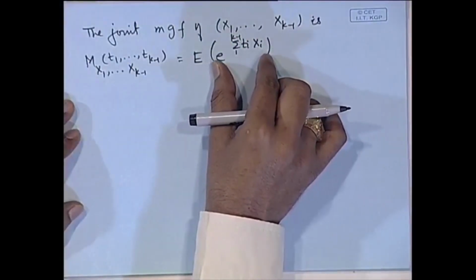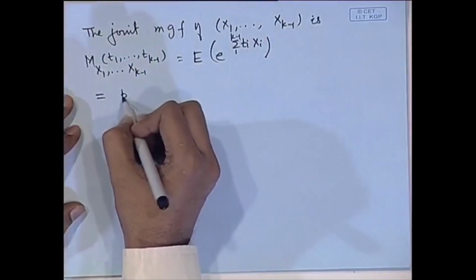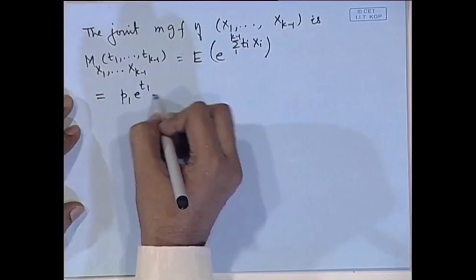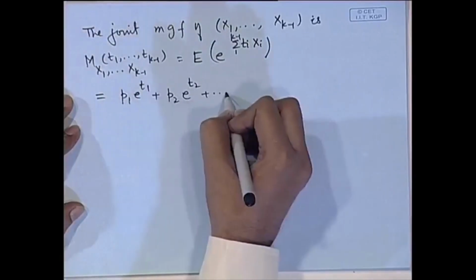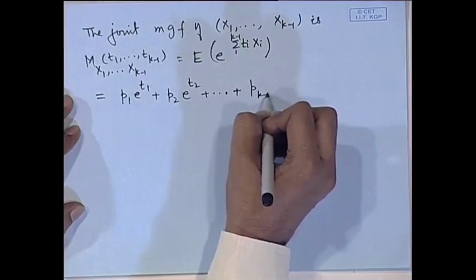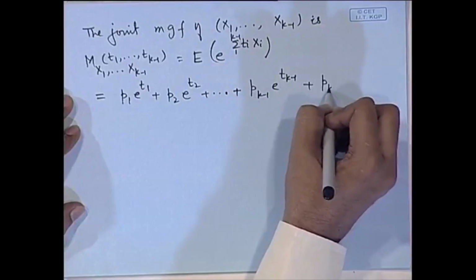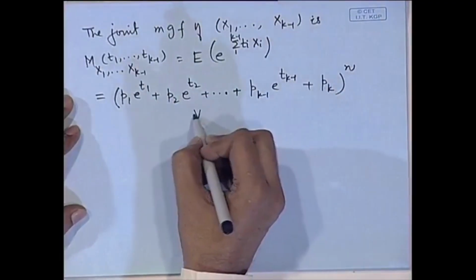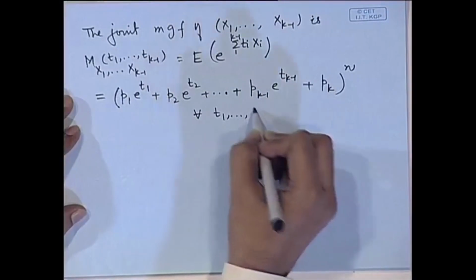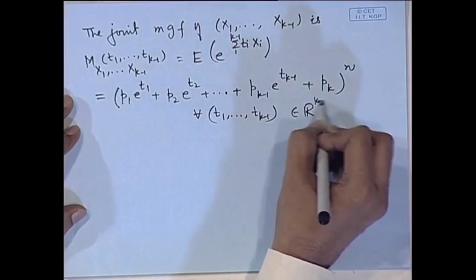So, if we want to calculate this term, it will become (p1 e to the power t1 plus p2 e to the power t2 and so on, plus p(k-1) e to the power t(k-1) plus p_k) to the power n, and this is valid for all t1, t2, ..., t(k-1) belonging to R^(k-1).